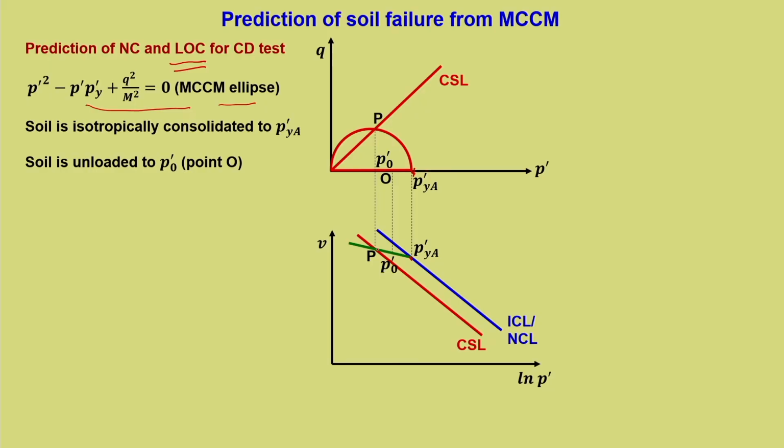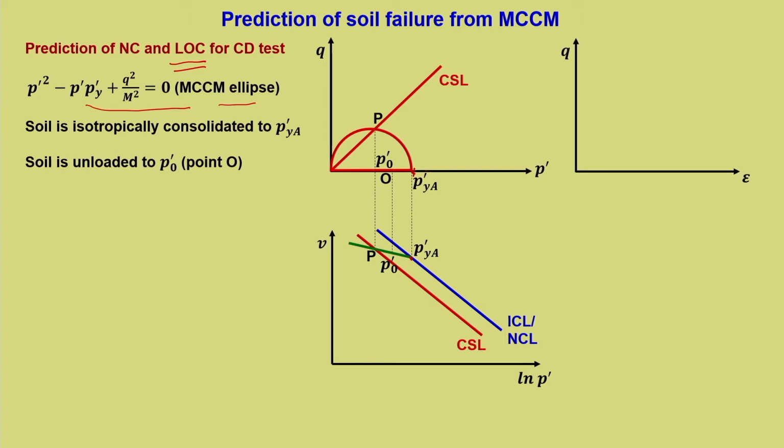Now, in our previous lectures these were not very strictly followed. I will tell you one more aspect which we did not follow very strictly, but now things are very clear when we integrate the yield curve along with the stress path. So, now P naught dash is on the unloading curve.